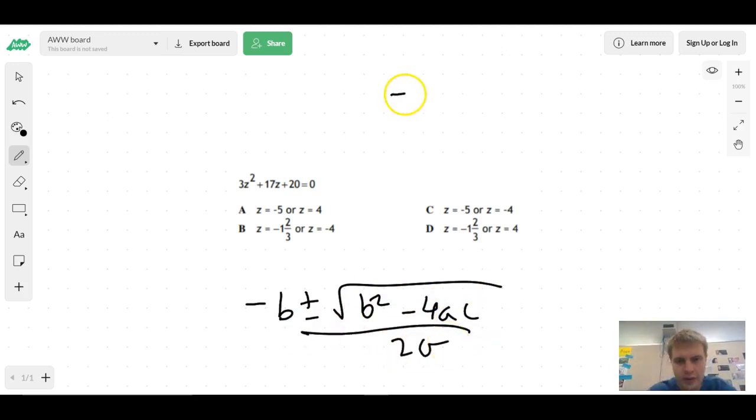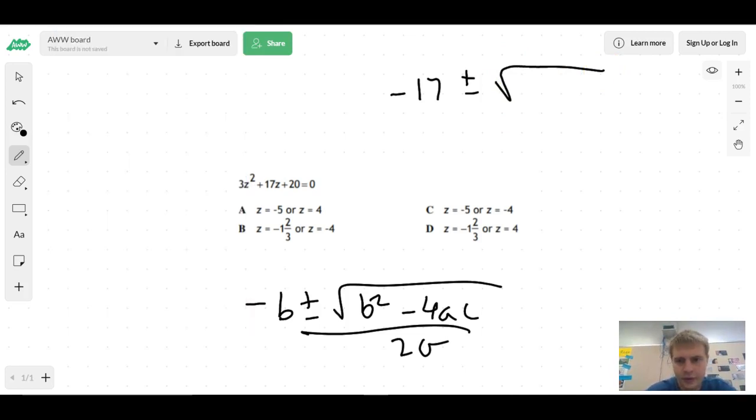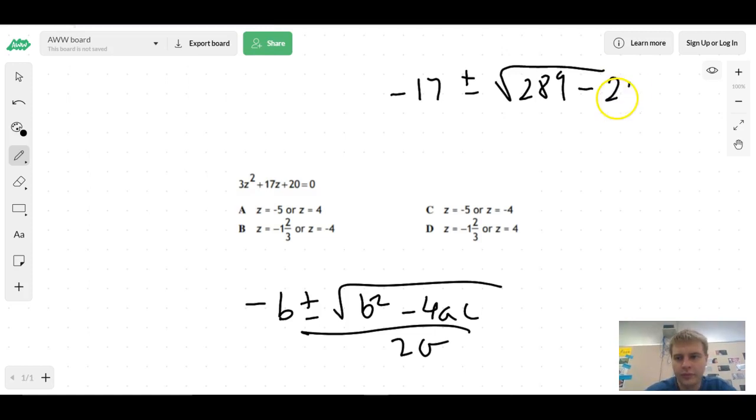So that would be negative 17 plus or minus the square root of 17 squared, which is 289, minus 3 times 4 times 20, which gives me 240. And that's all over 2a, which is 6.